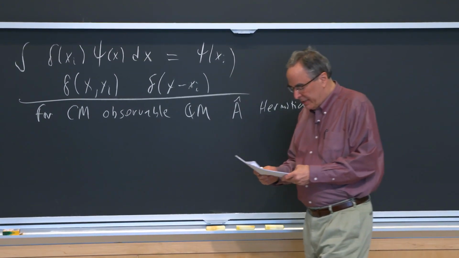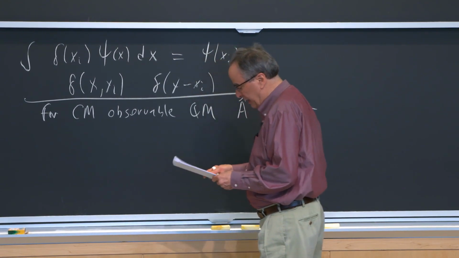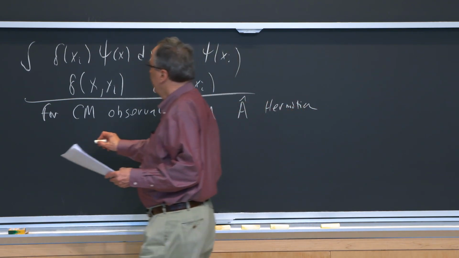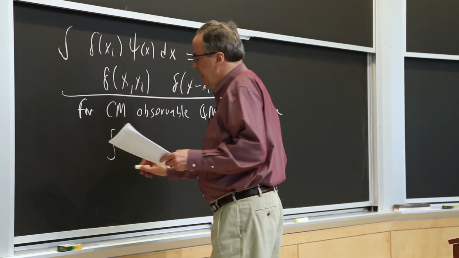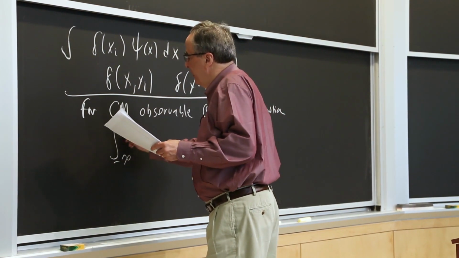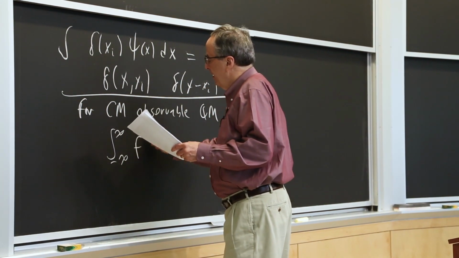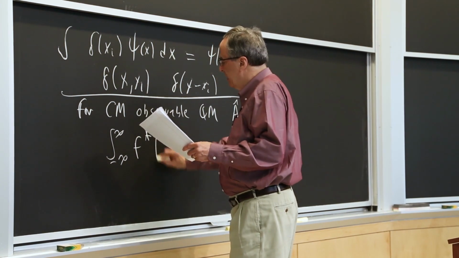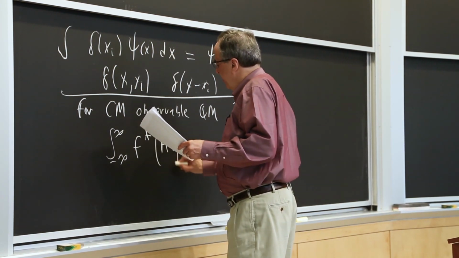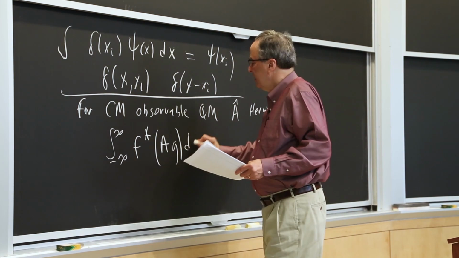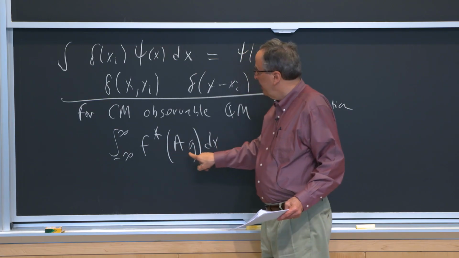And so what is the thing that assures that we get real eigenvalues? Well, here is the definition in a peculiar form. So we have an integral from minus infinity to infinity of some function, complex conjugate, a times some other function, dx. So this could be a wave function and a different wave function.